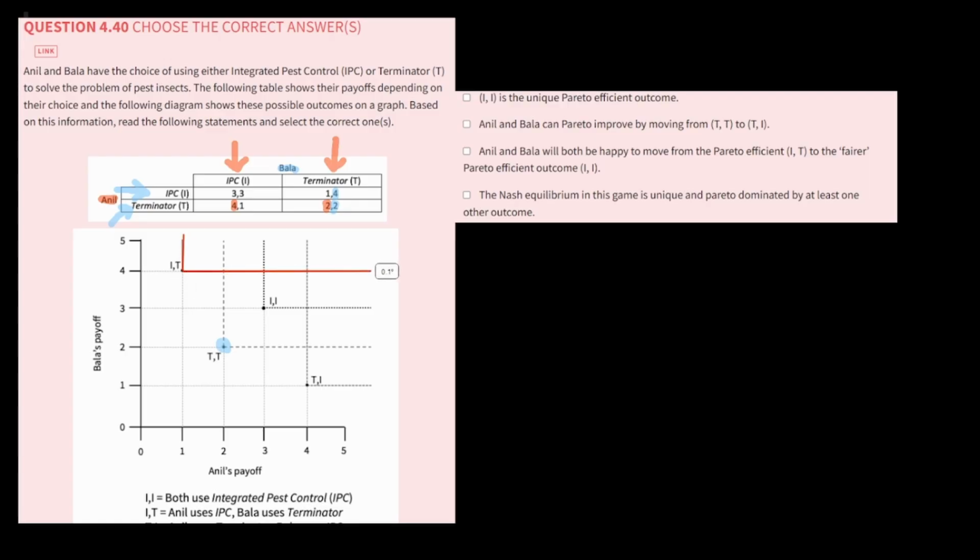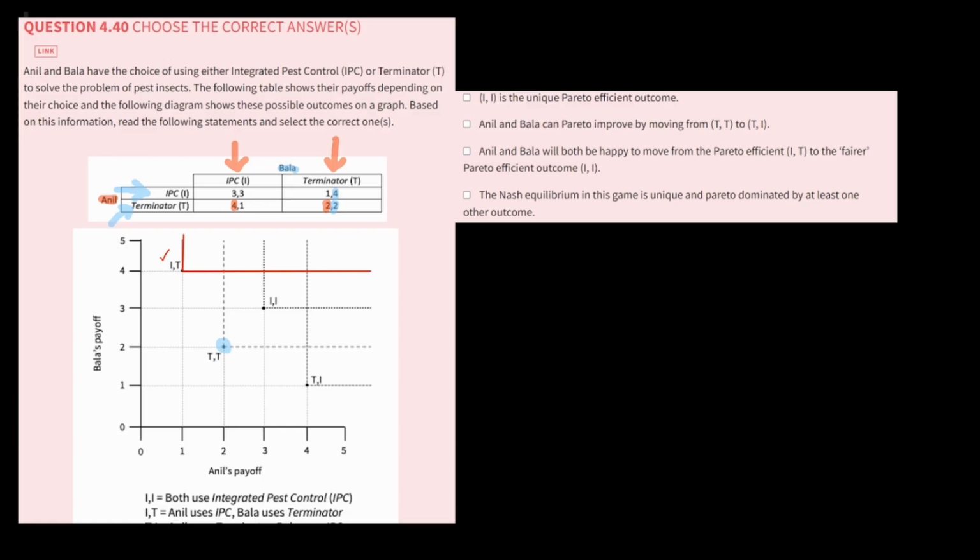There's IT. We have nothing up to the right, so this one is not dominated. Nothing is dominating that strategy, so that is Pareto efficient. Yes, that is a Pareto efficient outcome. No other strategy is dominating it.